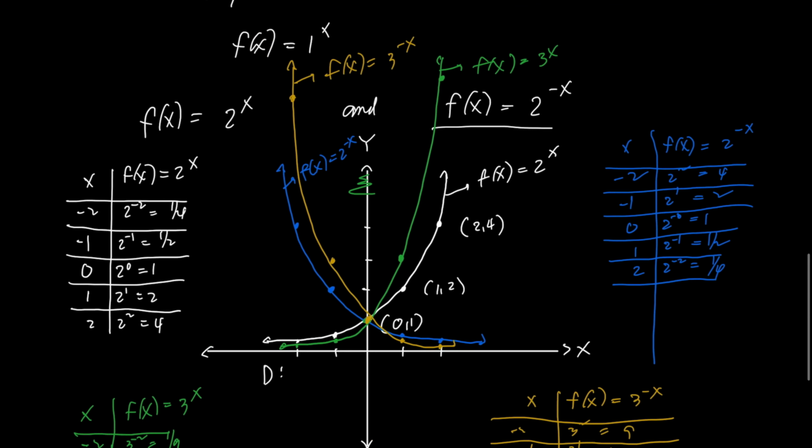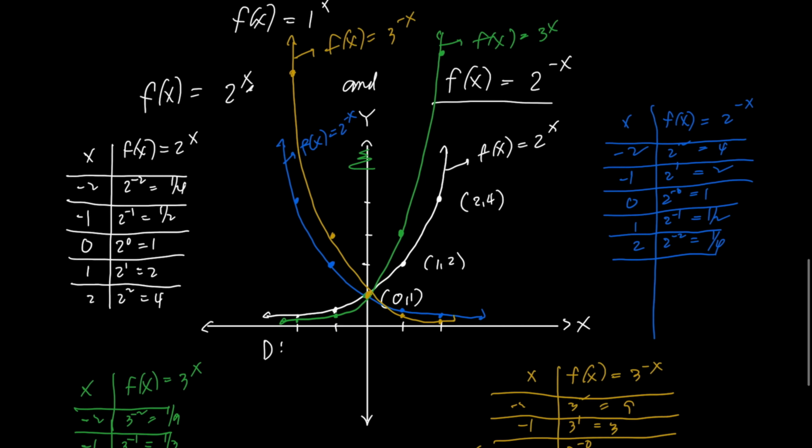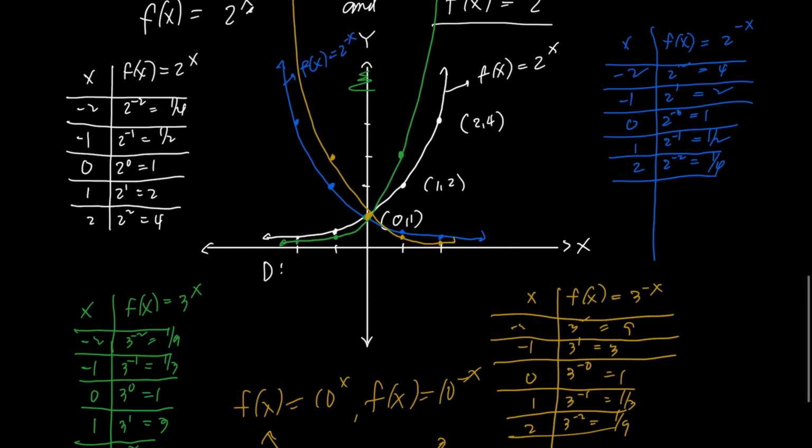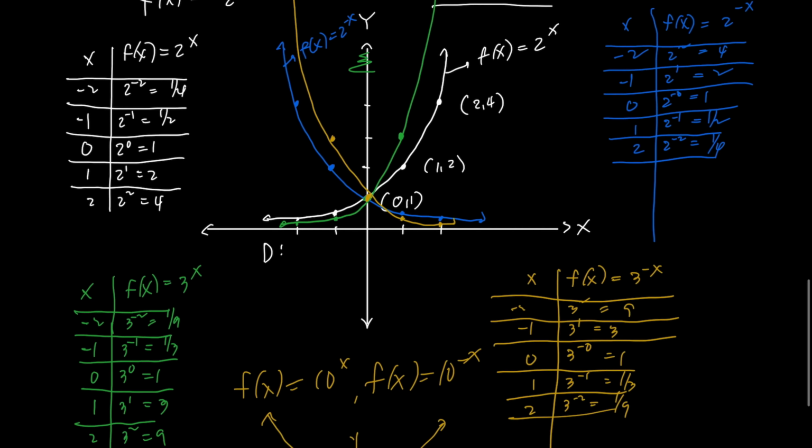Now, for any value of x, is the graph defined for any real number value of x? Yes, because every time you substitute a real number on x, there will always be a value of 2 to the x, which is also a real number, or b to the x.